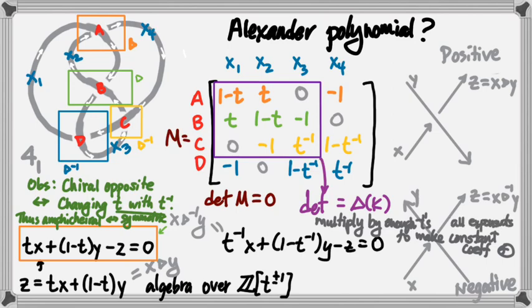Because we want the Alexander polynomial to be a polynomial and not a Laurent polynomial. So we don't want there to be negative powers of t in our answer. So all we'll do is multiply our answer by enough powers of t to make all the exponents positive and the constant coefficient also positive.